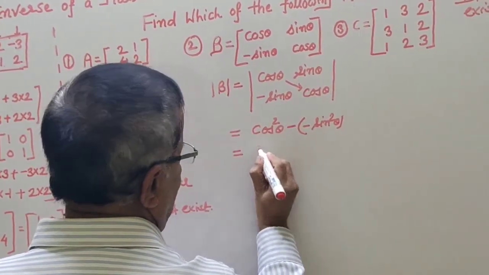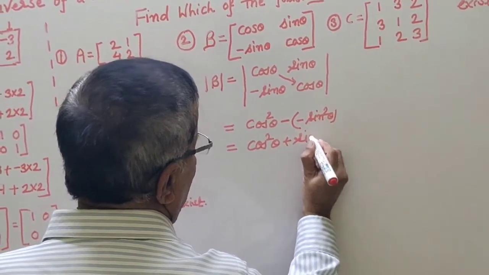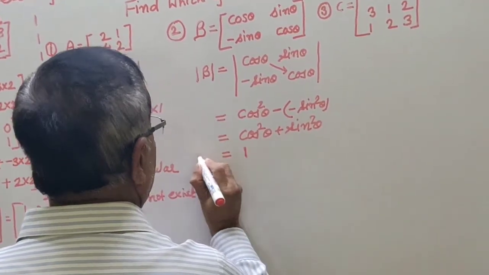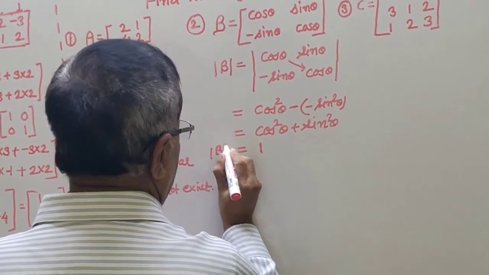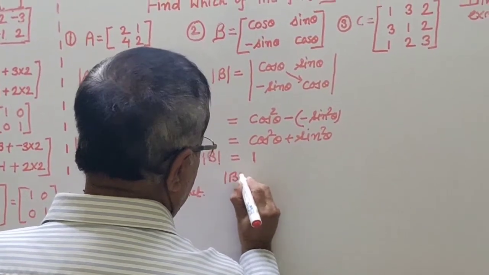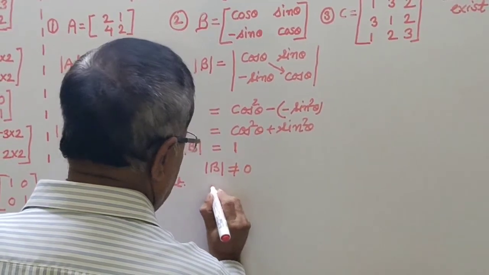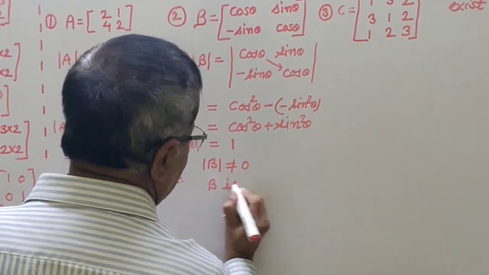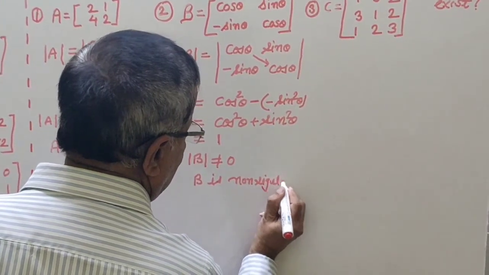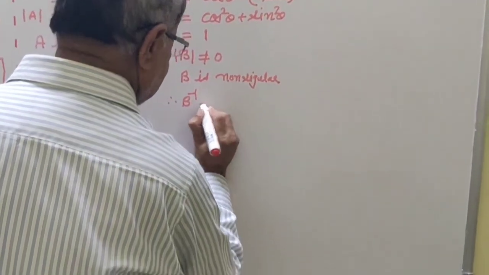Now cos square theta plus sin square theta will come here, and you already know that cos square theta plus sin square theta is 1, means determinant of B is not equal to 0. Therefore B is non-singular. Therefore B inverse exists.